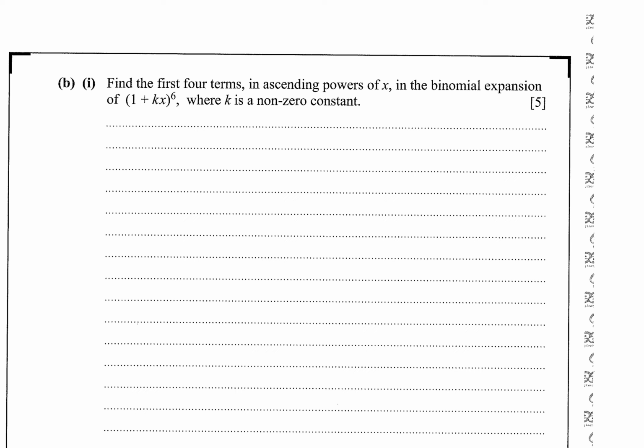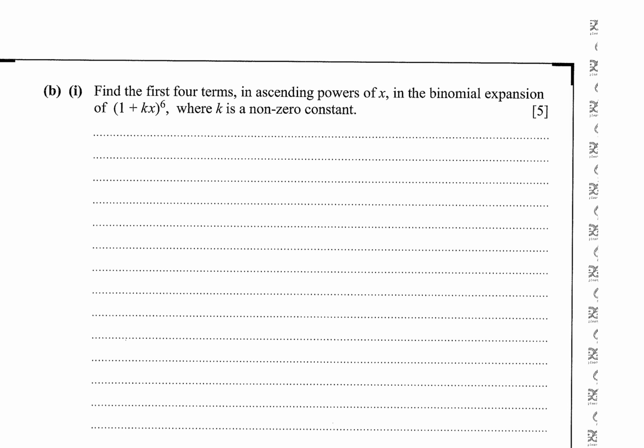Right, it says here, find the first 4 terms in ascending powers of x in the binomial expansion of (1 plus kx) to the power of 6, where k is a non-zero constant. In your formula booklet, there is a formula which says (1 plus x) to the power of n is equal to 1 plus nx plus n times (n minus 1) times x squared all over 2, which you could write as 2 factorial.